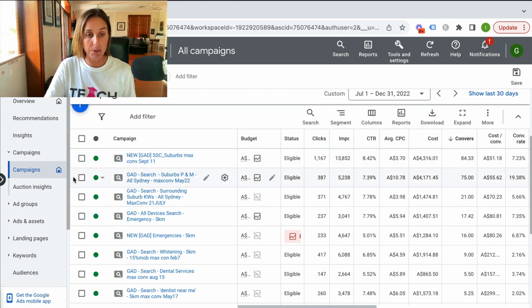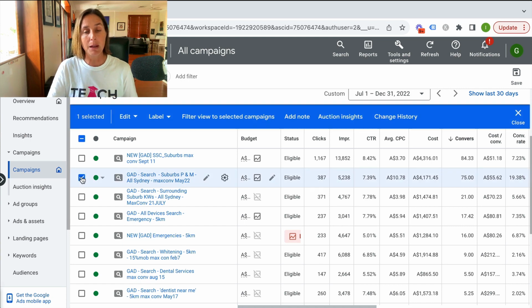This next type of campaign is also a suburb campaign, but these are my best performing suburb keywords. And I've put them in their own campaign because I want even wider location targeting for that. But the other main reason for this is I want to make sure that these keywords never run out of budget, and I can do a different bid strategy for these keywords than my other suburb campaign.